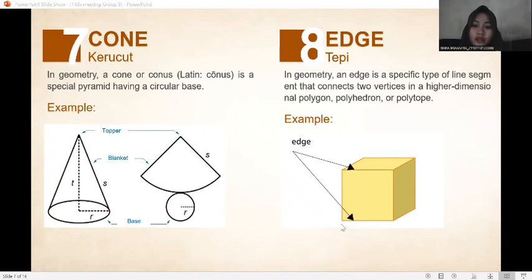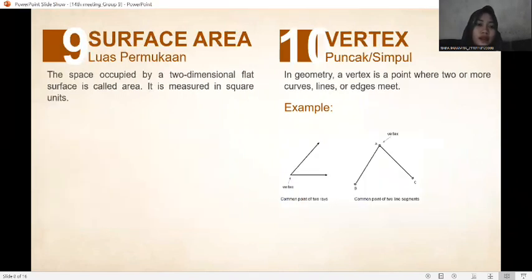Here, and here. Next is surface area. In Indonesian, surface area is luas permukaan. The shapes occupied by a two-dimensional flat surface is called area. It is measured in square units.